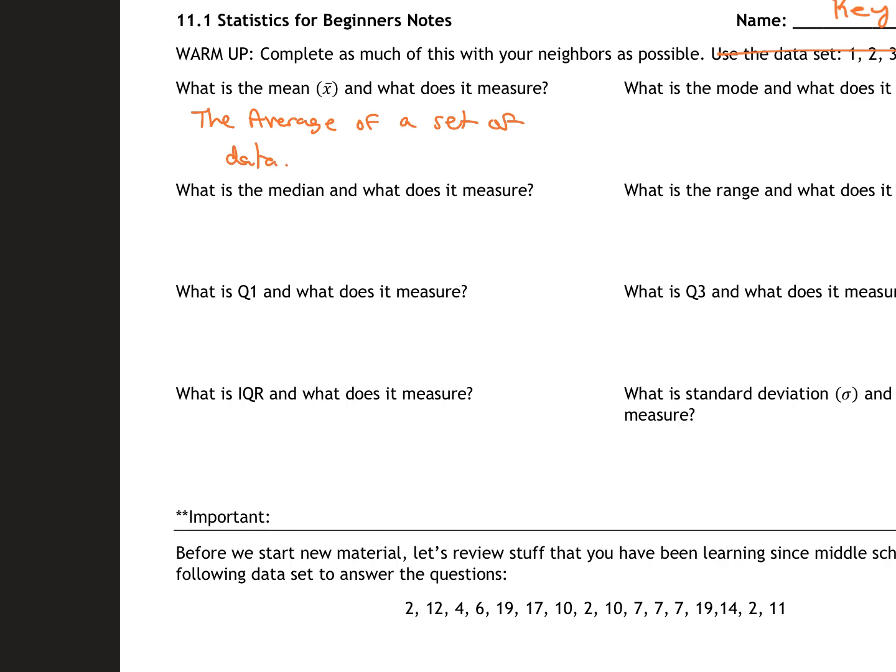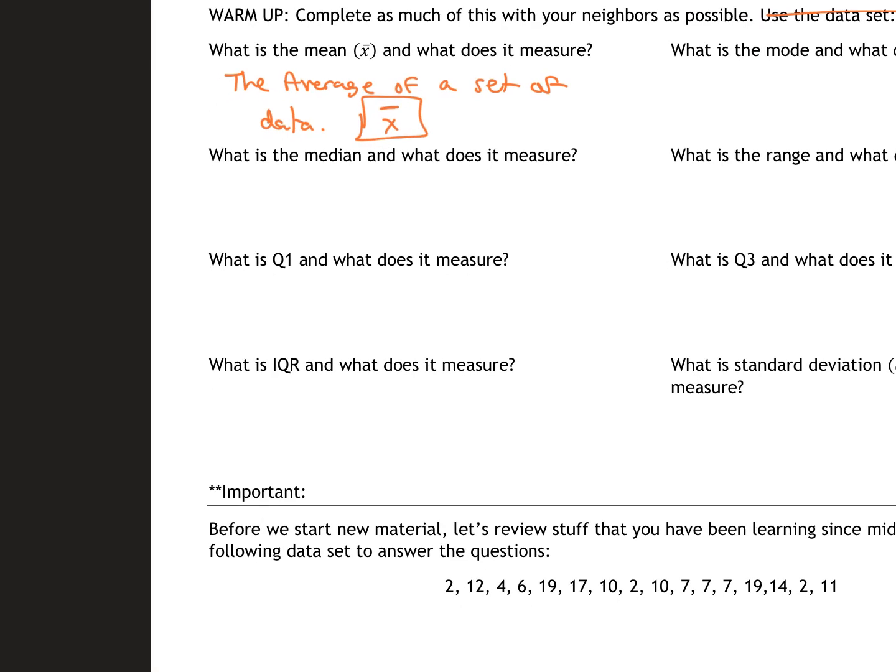The symbol for mean is an X with a little bar up top. So that is your symbol for mean. All right, I'm just going to go down. The median is the middle number, and it tells you what's in the middle.